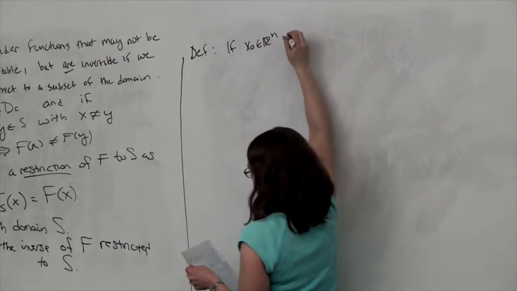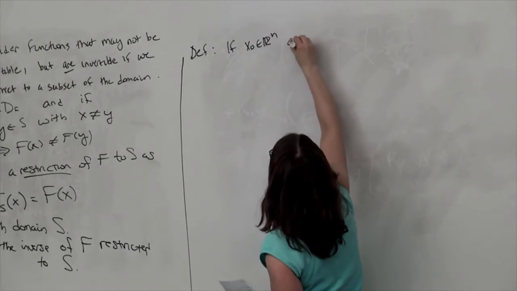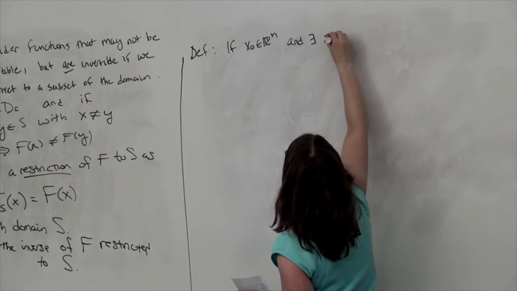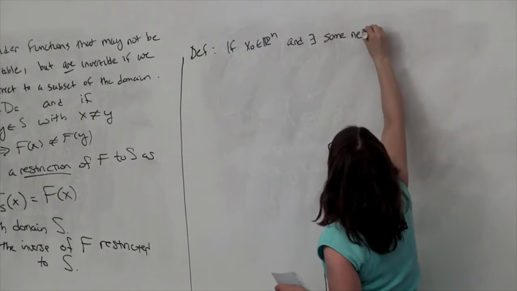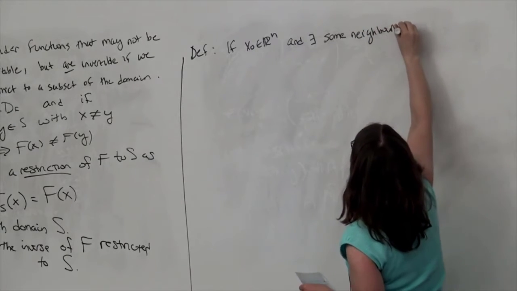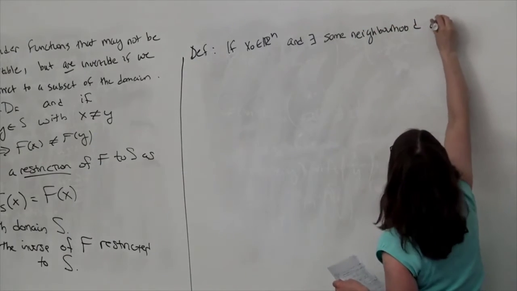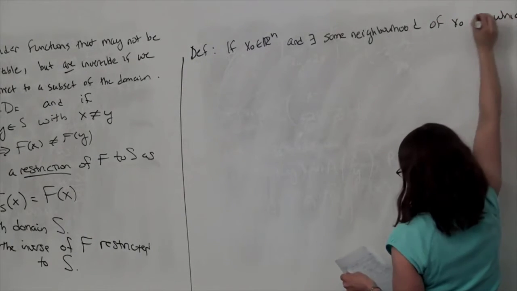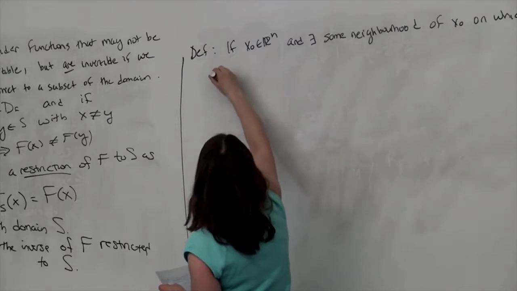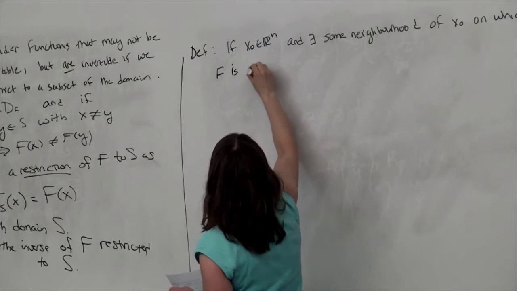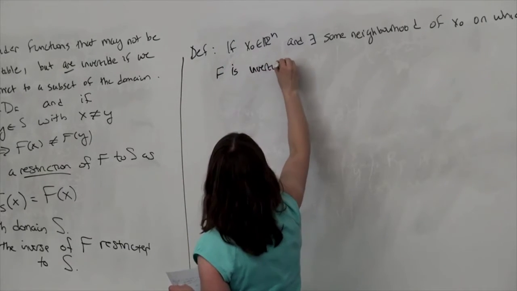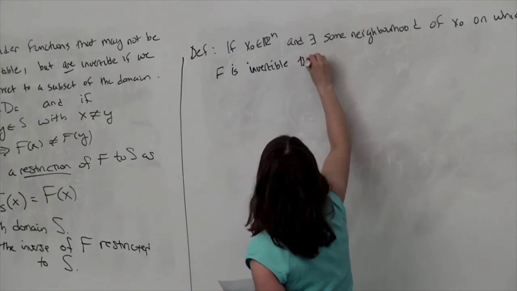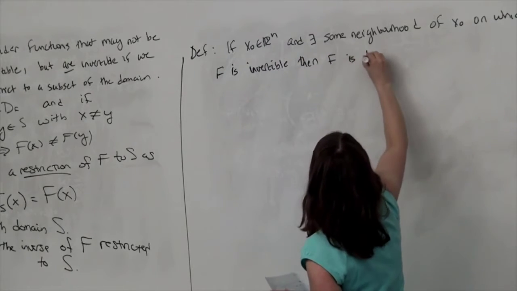So if x naught is in R^n and there exists some neighborhood of x naught on which f is invertible, then we're going to say f is locally invertible at this point.